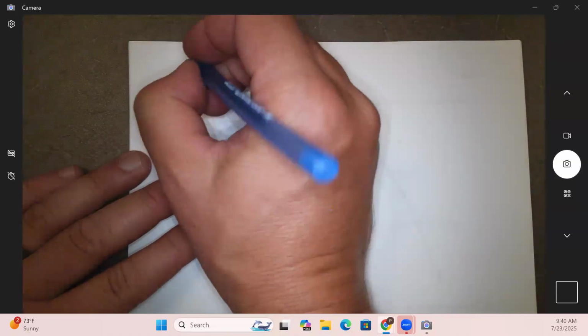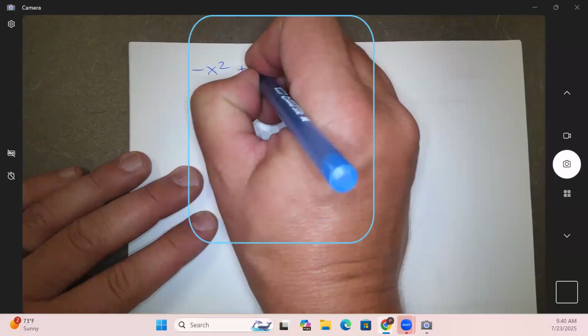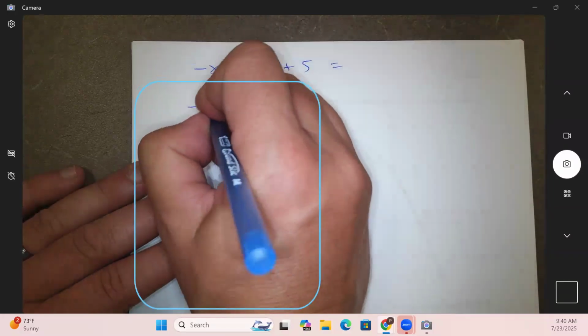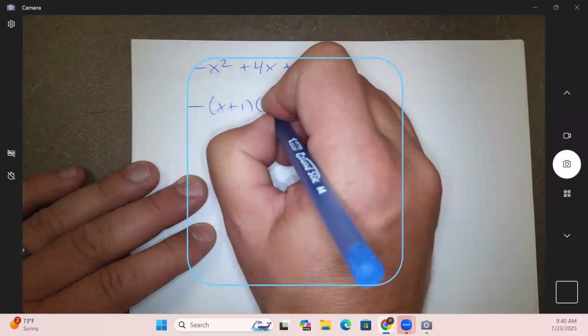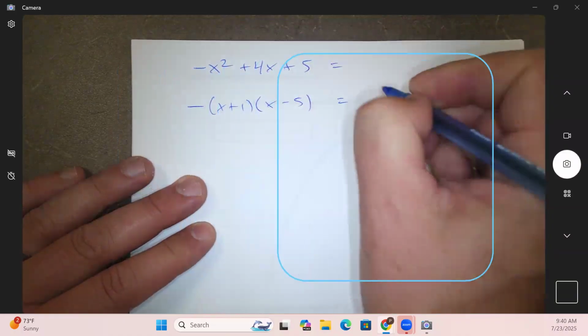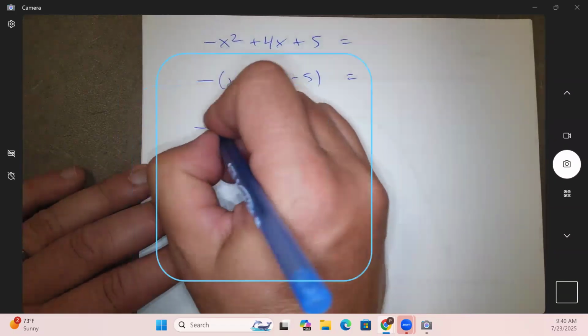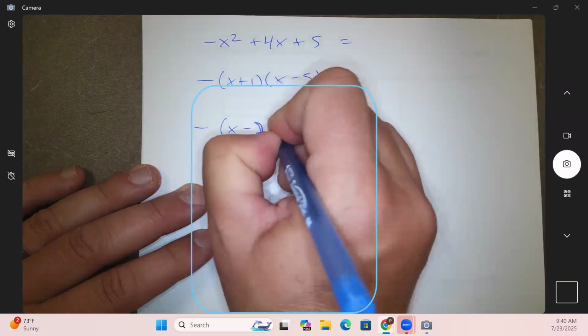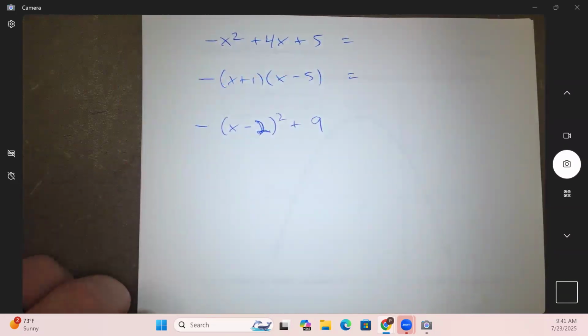Okay, so our example was minus x squared plus 4x plus 5, which is the exact same thing as minus (x plus 1) times (x minus 5), which is exactly the same as minus (x minus 2) quantity squared plus 9.